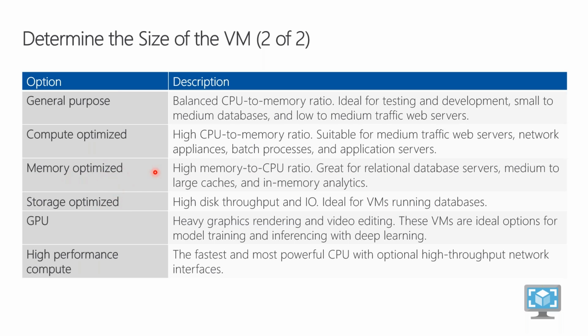But when do we go for memory optimized, and when do we go with storage optimized? Any guesses? Can someone say? Can you ping in chat or unmute?